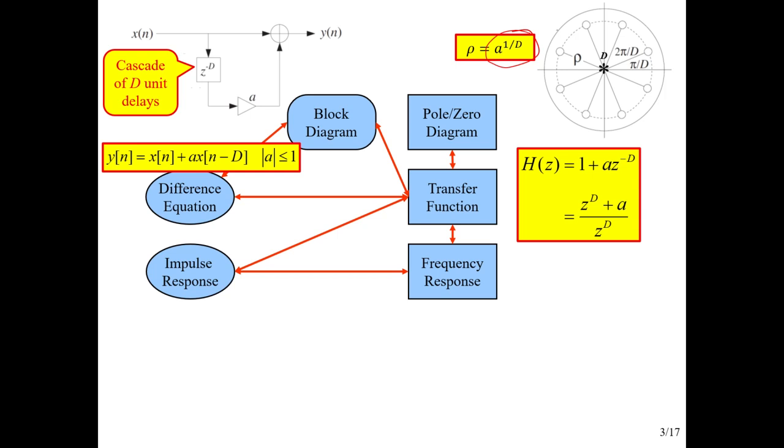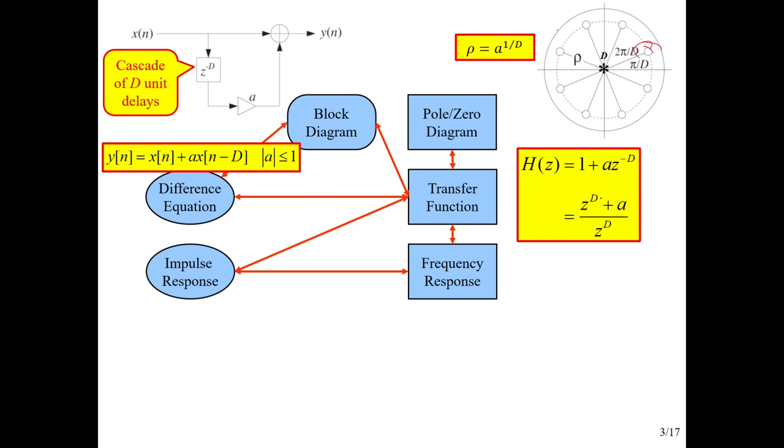If you take the dth root of that, you'll get some number, which we'll call rho. We'll take the real positive value of that, since that's giving us a distance or a magnitude. And then the angles of these zeros are such that if we take rho times e to the j, whatever one of these angles is, it gives the complex polar form representation of those zeros.